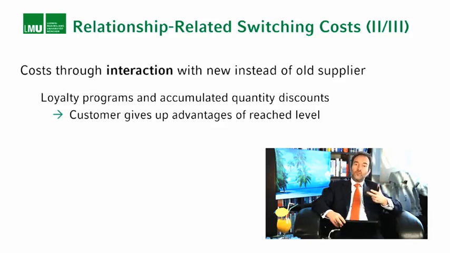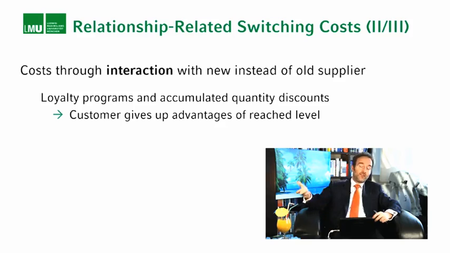So a consumer thinking of a loyalty program gives up the advantages that he's gained if he's reached a certain level, right? Typically, when you have a loyalty program, the loyalty program goes in tiers, and the higher up a tier you are in, the more significant the benefits are.